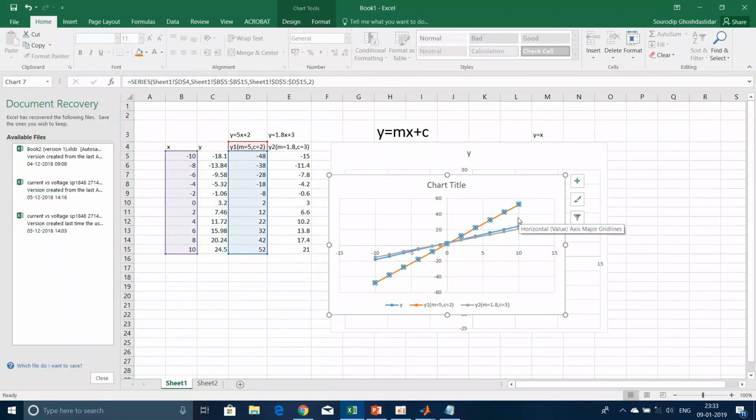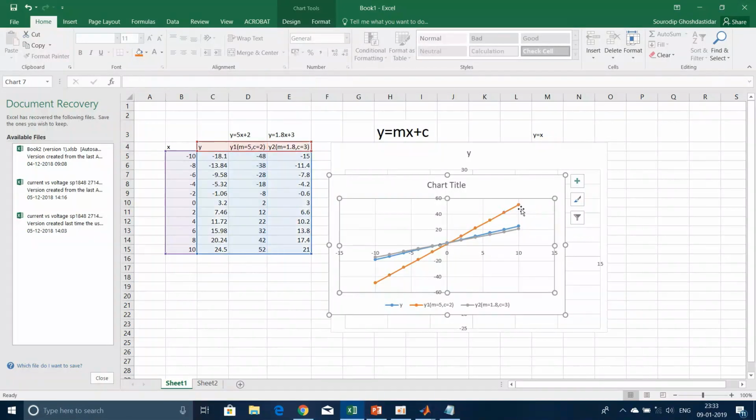So what MATLAB would do is use these differences, and the sum of squares of these differences, to change m and c in such a way that it would come closer and closer to m is equal to 1.8 and c is equal to 3.